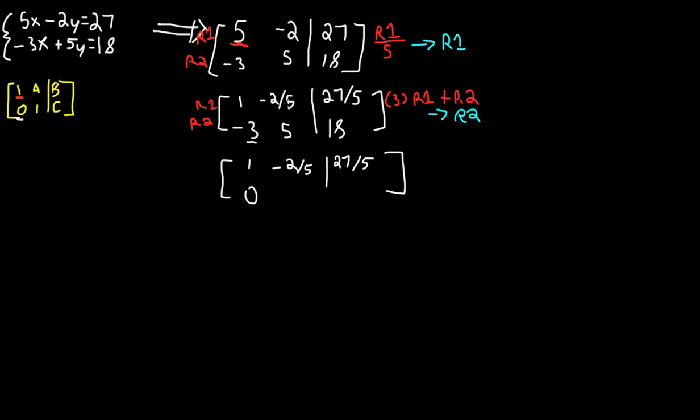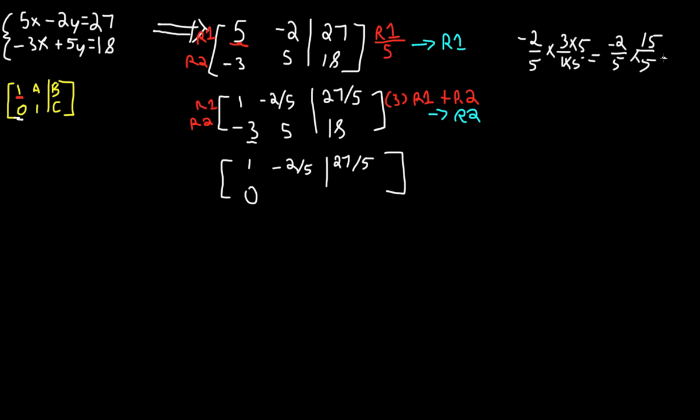And now we have this fraction, negative 2 fifths times 3. Let's do it on the side. Negative 2 fifths times 3 over 1. I'm going to convert this so they have equal denominators.